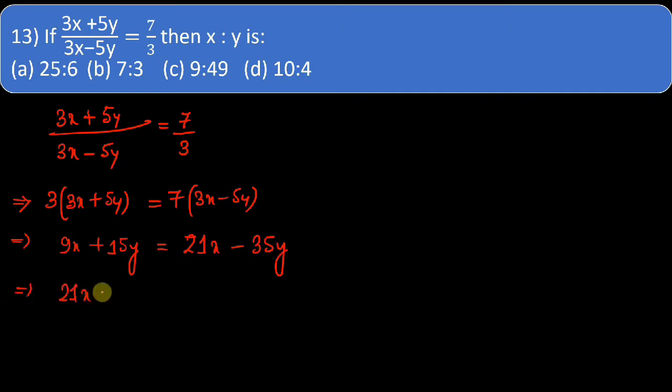So we get 21x minus 9x and 35y plus 15y. So here we get 12x is equal to 50y.